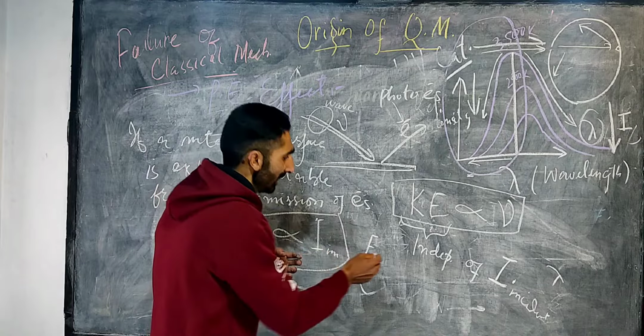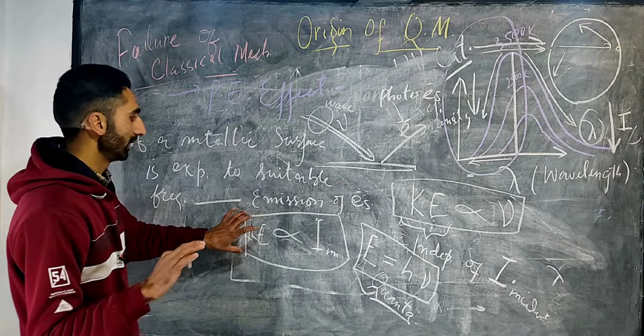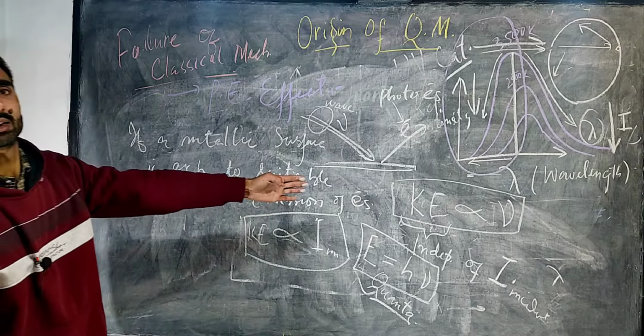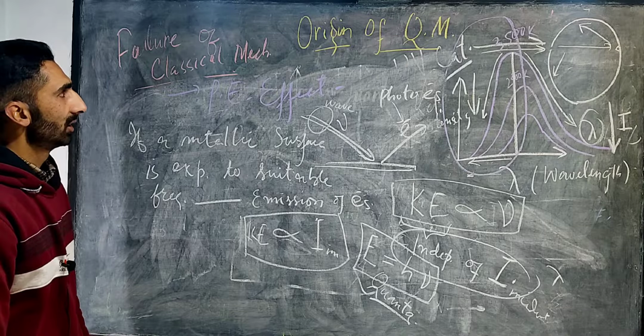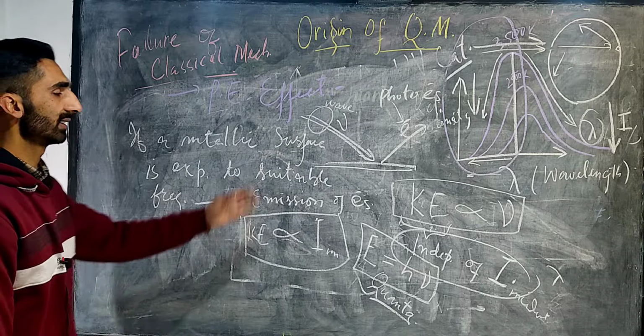This is only possible if we consider the particle nature of the photon, not the wave theory, because wave theory could not explain the kinetic energy increase with the increase in frequency, since it is experimentally seen to be independent of the intensity. So this was the second thing where we see the failure of classical mechanics.